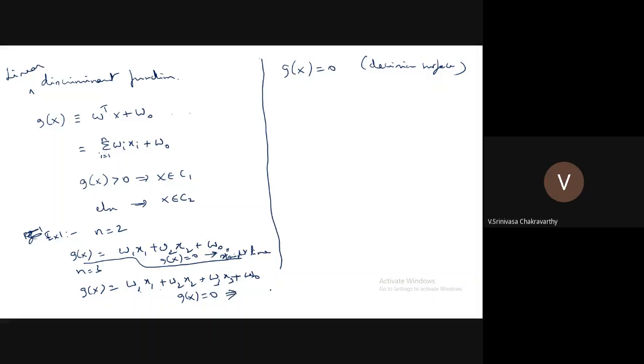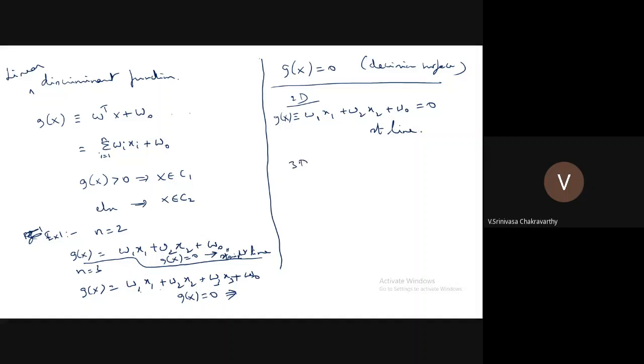What kind of geometric object does this equation represent? Let me go back and take 2D: w1 x1 plus w2 x2 plus w naught equal to 0. What does it represent? A straight line.